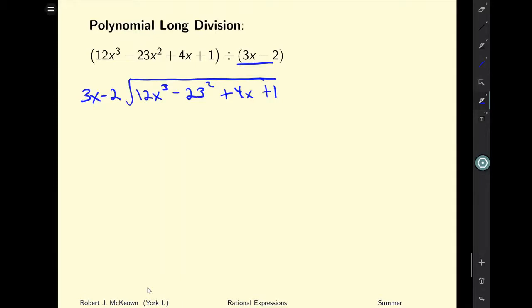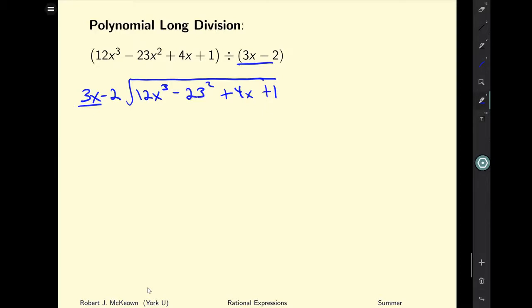And so if I want to know how many times the polynomial 3x minus 2 goes into this larger, higher order polynomial, then I start by looking at the first term, this 3x, and I ask myself, how many times does 3x go into 12x cubed?